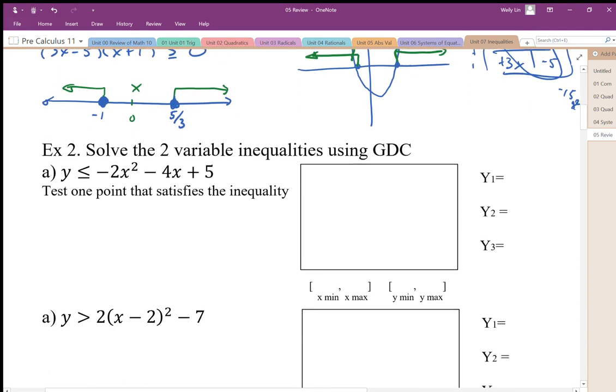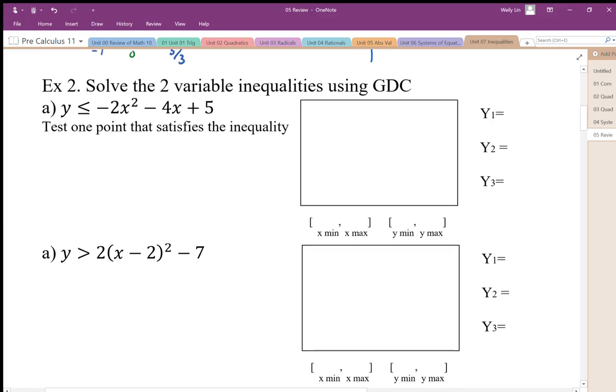Two variable inequalities are different in that our solutions are going to be shown as an area. When we graph these on a graphing tool, we won't have Desmos on the calculator on the test, but you will need to at least have the skill of being able to analyze a graph.